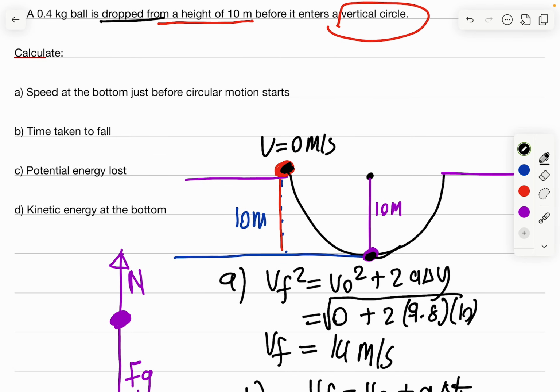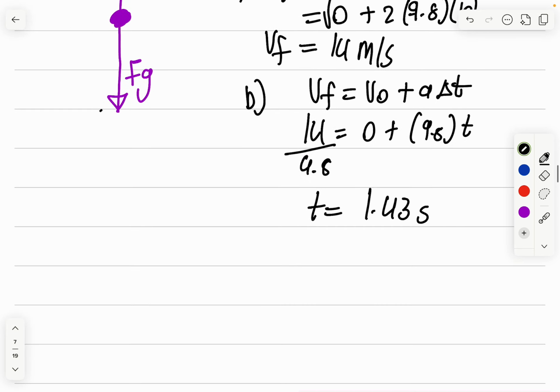So let's try and see again. Potential energy lost. Understand? They want the potential energy, EP lost, ne? Equals what? You know, the potential energy stored plus the potential energy lost plus the potential energy in excess equals the potential energy initial. Understand?